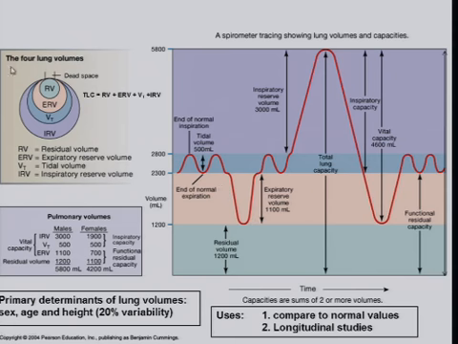Now, volumes are designed to tell you different aspects of your ventilation. Capacities are a combination of two or more volumes. So when we look at this here, it's very straightforward if you pay attention to the way that this works, and the way that the nomenclature, the terminology, is designed here.